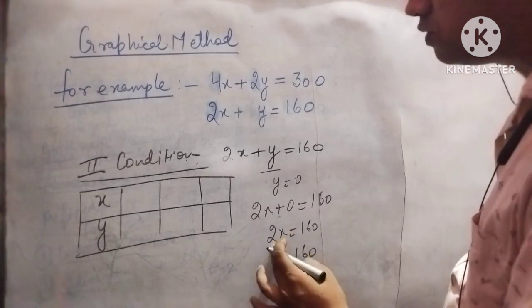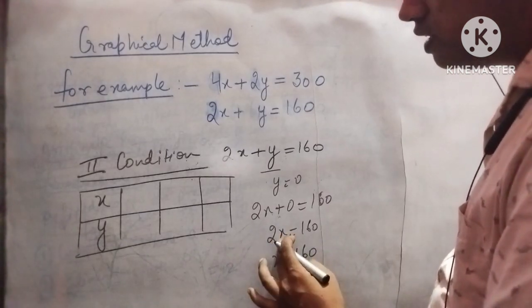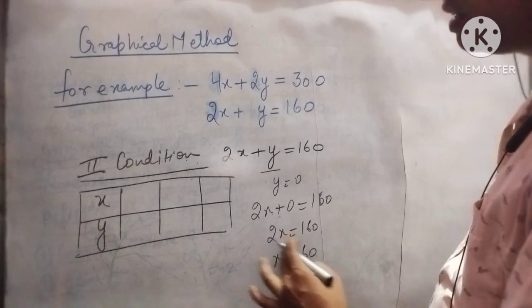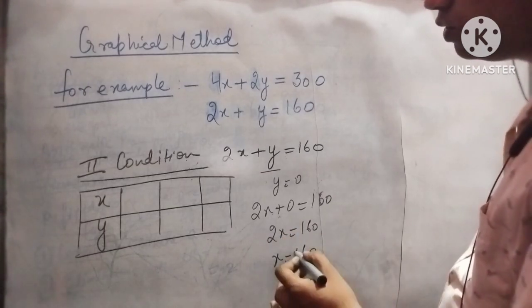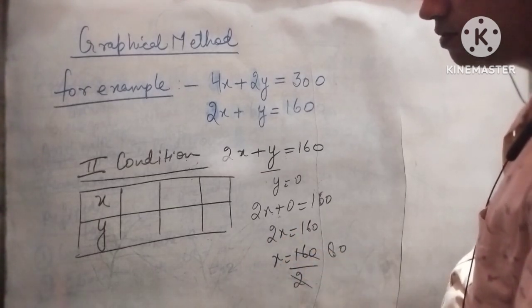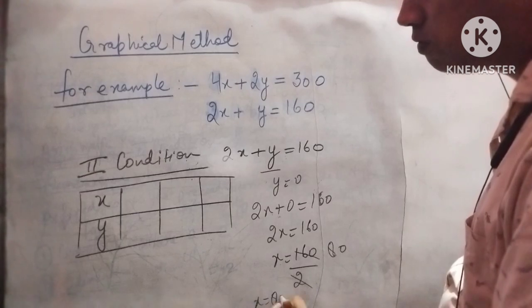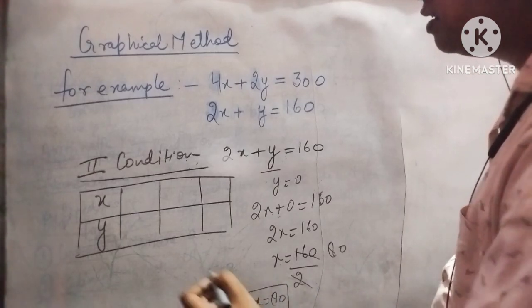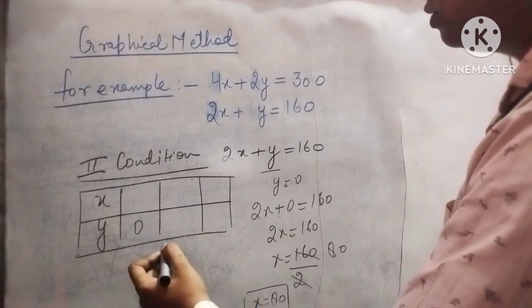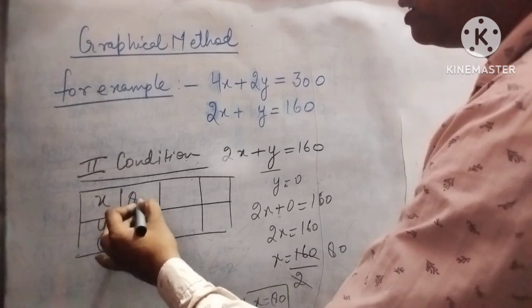Reason is that whatever the value is multiplied with the variable that comes in the denominator. So 2 8s are 16. So x is 80. So if we are taking the value of y as 0, what we are getting the value of x, that is 80.